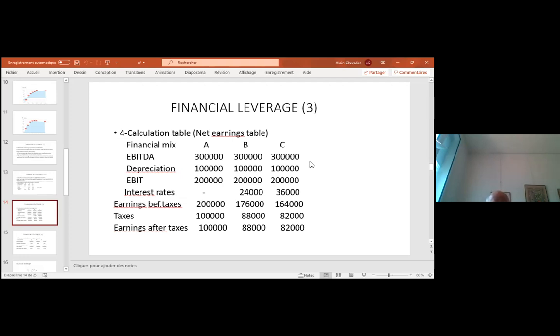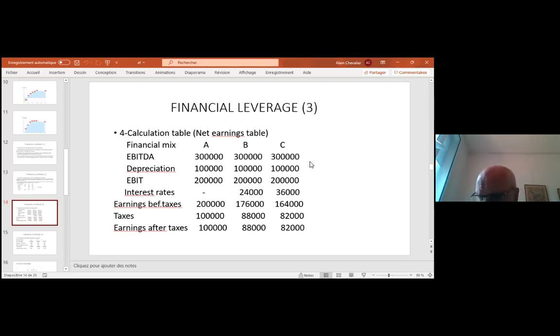So the EBITDA is equal to 300,000 in all the cases, A, B, C. The depreciation and amortization level of the asset is not a function of the financial mix. It's completely independent of the financial mix. Whatever is the decision, it's always 100,000.